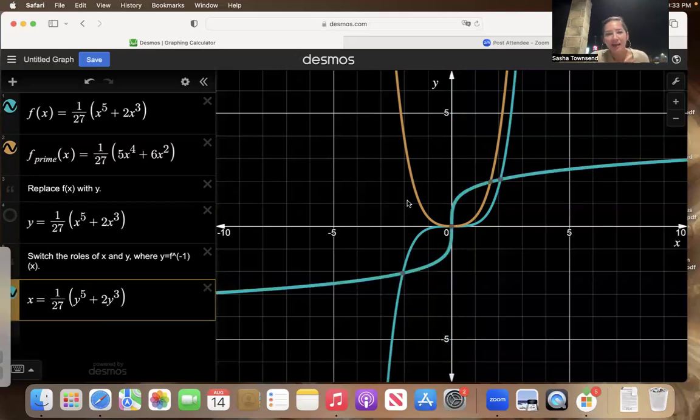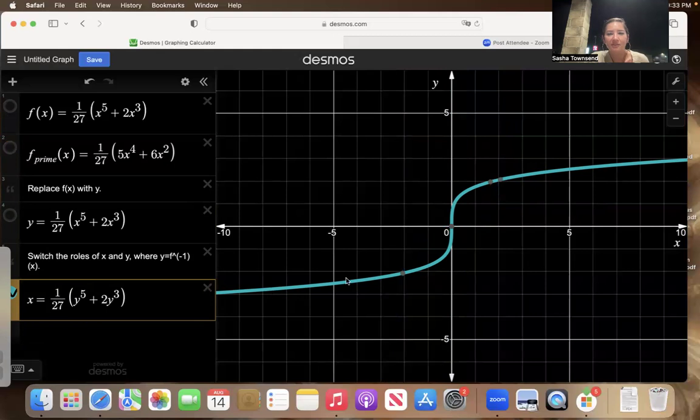Now, this is a function. You can tell that it's a function just by looking at it. Every x value has only one y, and every y value has only one x. Because the derivative of f was always non-negative, we see that this function is going to have a well-defined derivative for all real numbers except at x equals 0.